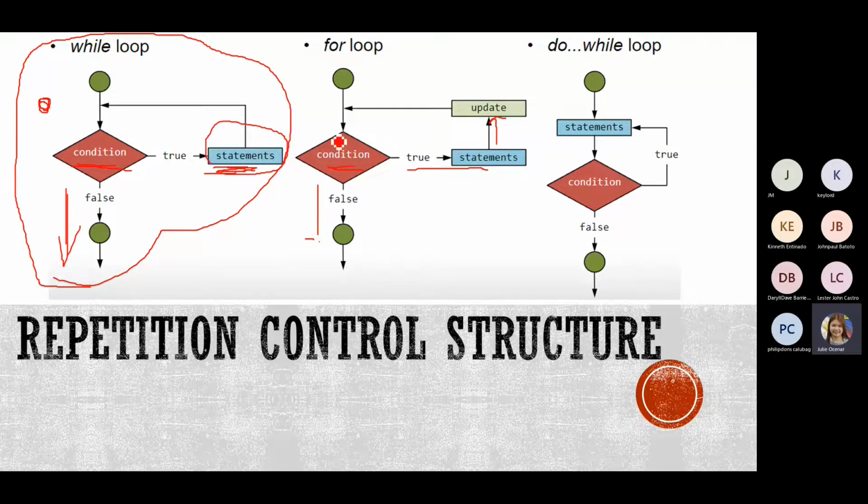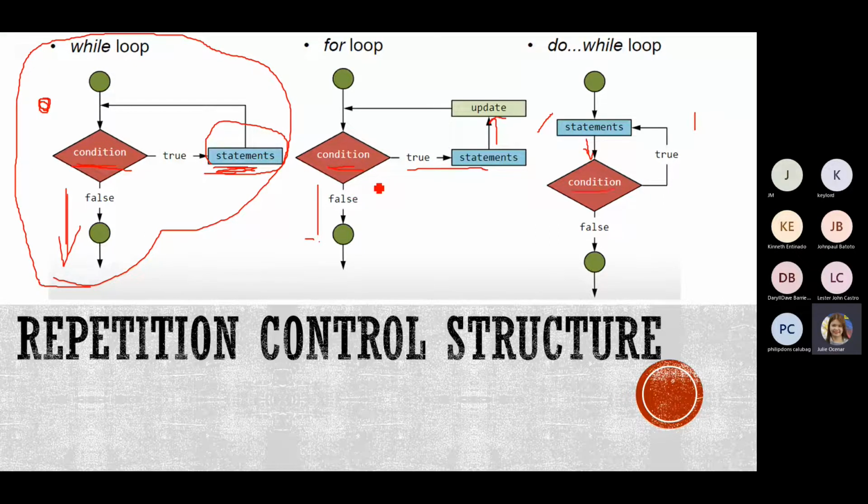For a do while loop, ang minimum execution niya is 1. For what reason? Kasi sabi nga natin, if we talked about the do while loop, you will execute first the statement before evaluating the condition. So, we will have a minimum 1 execution of a statement.